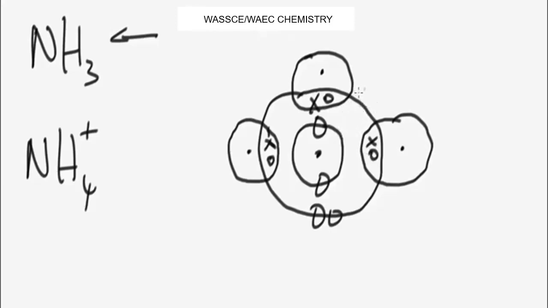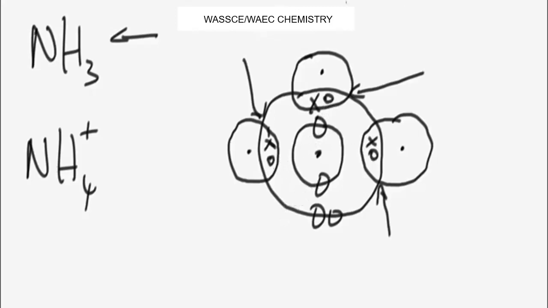So this is where the sharing occurs. The both atoms donated electrons to be shared by both. At this junction, they have attained stability. The hydrogen atom now has 2 electrons, a duplet shell, to gain stability, whereas the nitrogen atom now has 8 electrons, an octet shell, to gain stability.